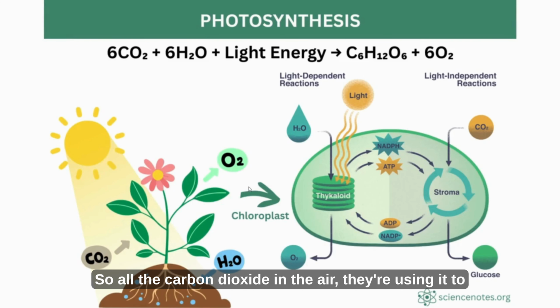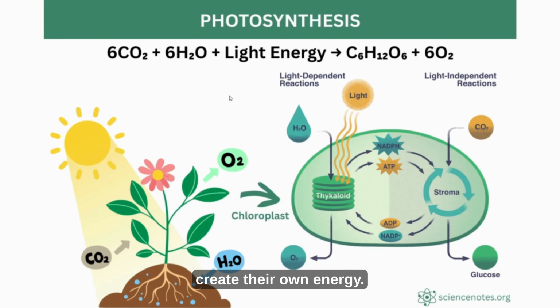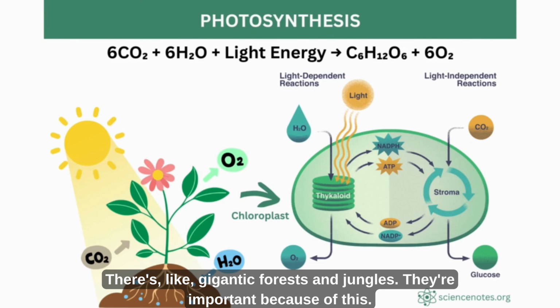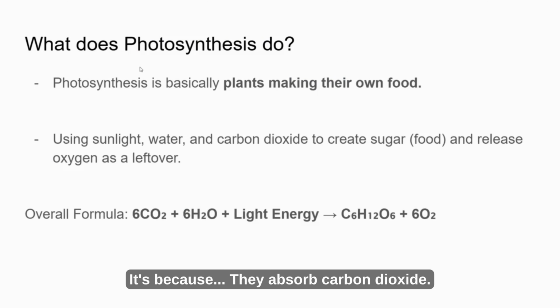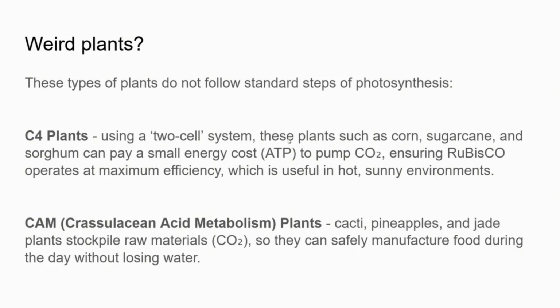All the carbon dioxide in the air, they're using it to create their own energy. And people talk about the Amazon trees and all that, the gigantic forests and jungles. They're important because of this. It's because they absorb carbon dioxide.